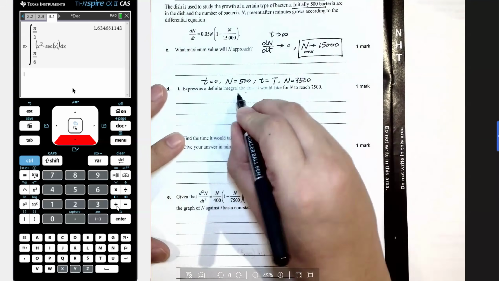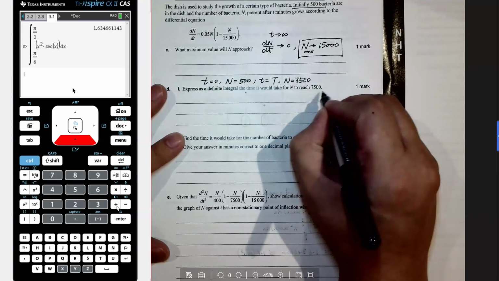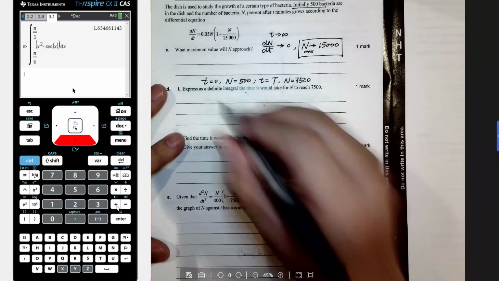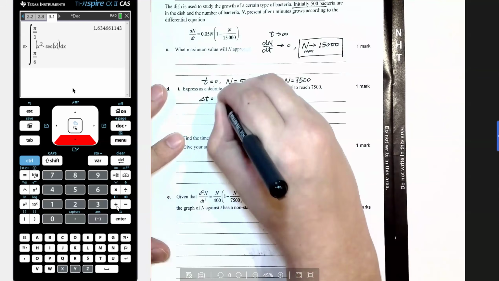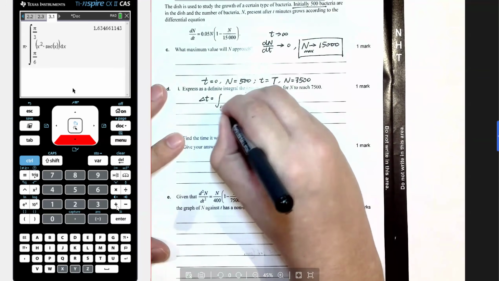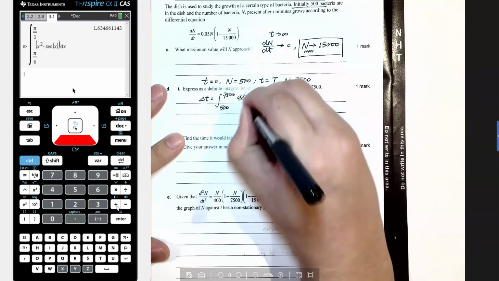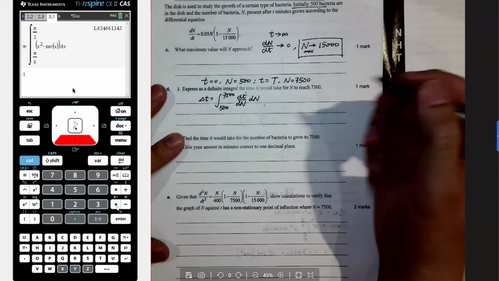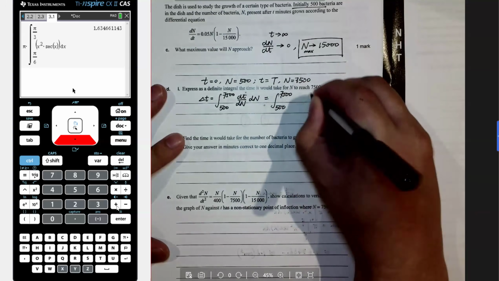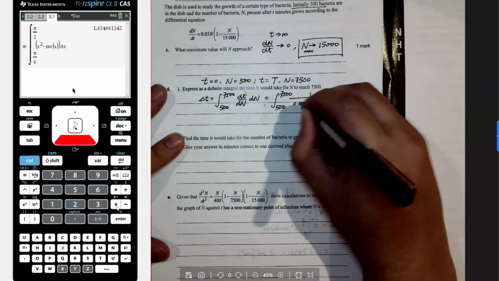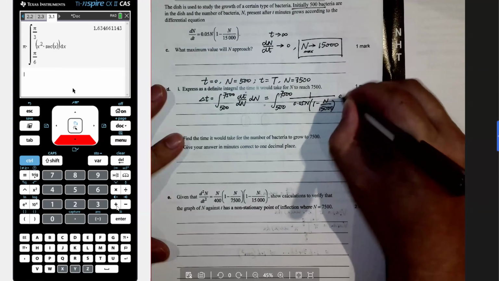T equals, let's say, capital T, my n equals 7,500. Definite integral as the time it would take for n to reach 7,500. Okay, so we need to get, let's say, delta t equals the integral from 500 to 7,500 of dt dn, and we just write 500, 7,500, 1 divided by 0.05 n, 1 minus n divided by 15,000, dn.